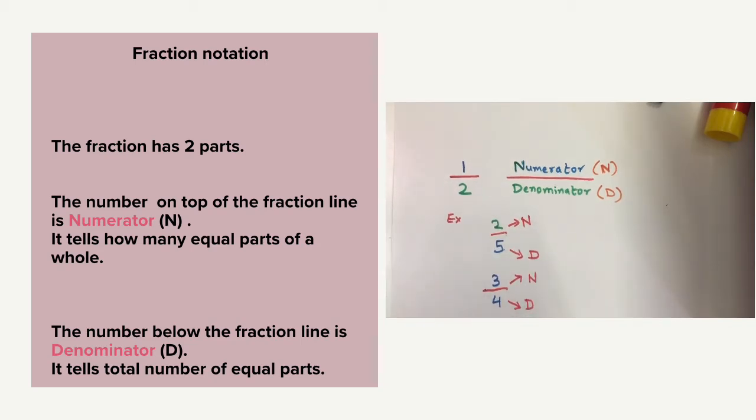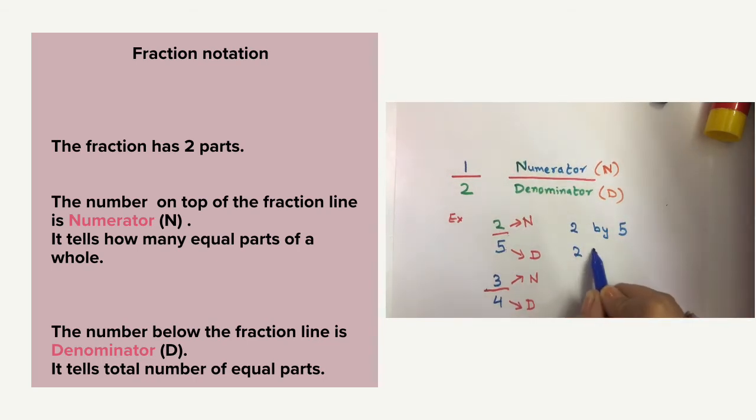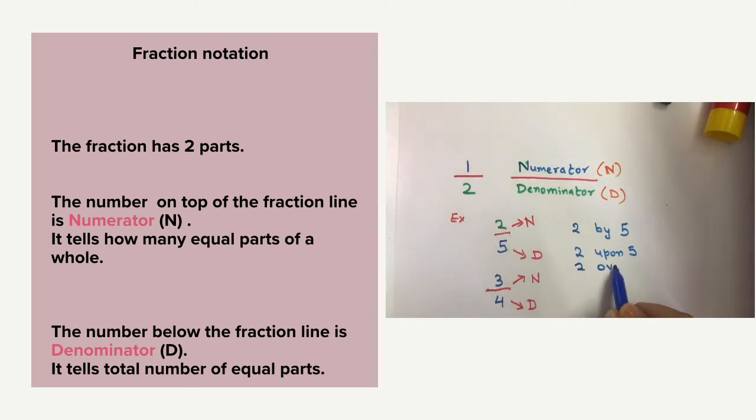Now, how to read this? We read this as 2 by 5 or 2 upon 5 or 2 over 5.